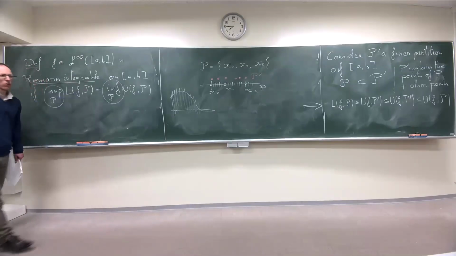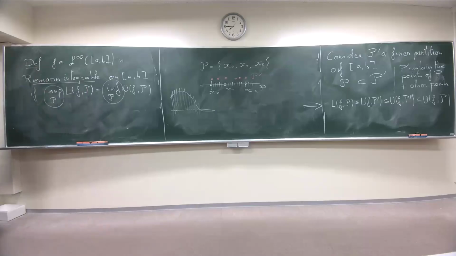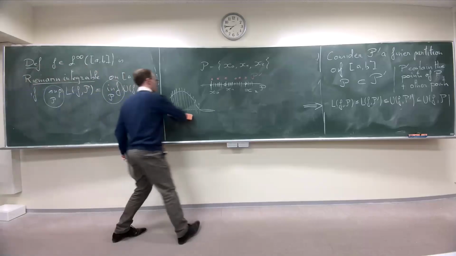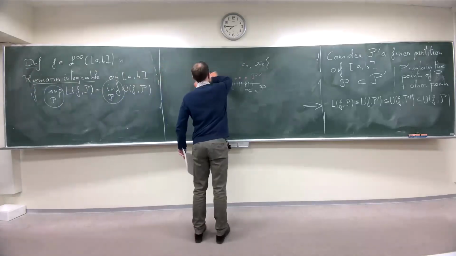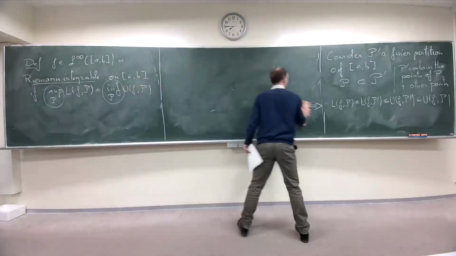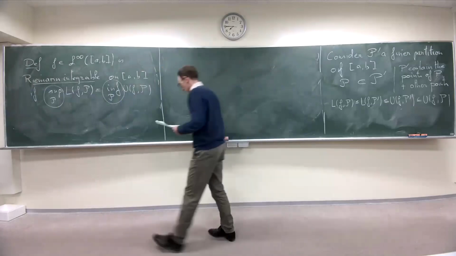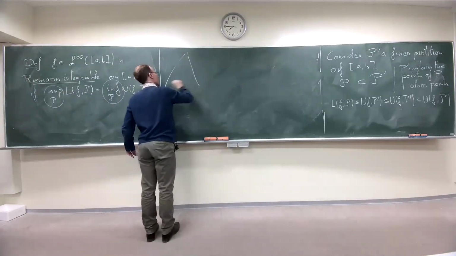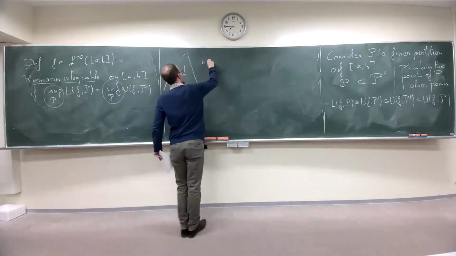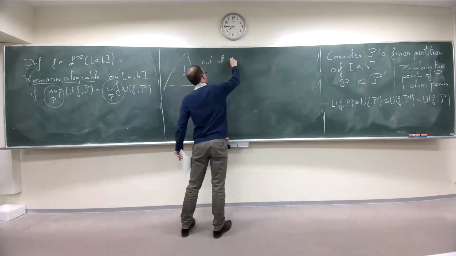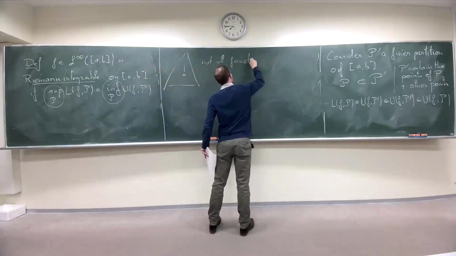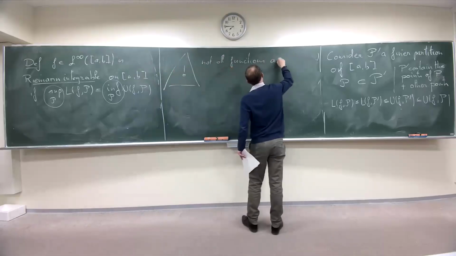So you can wonder, oh, it looks like all functions are Riemann integrable, at least on my pictures. But this is not true. And there is a famous counterexample. So be careful. Not all functions are Riemann integrable.